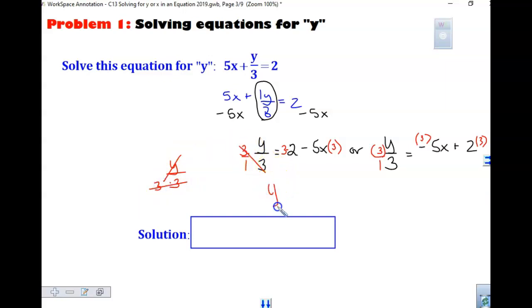We get our solution: y equals 3 times 2 is 6, minus 5 times 3 is 15x. If you wanted to put your x term first, it's negative 15x plus 6. Both of these are the same solution, just written a little differently.